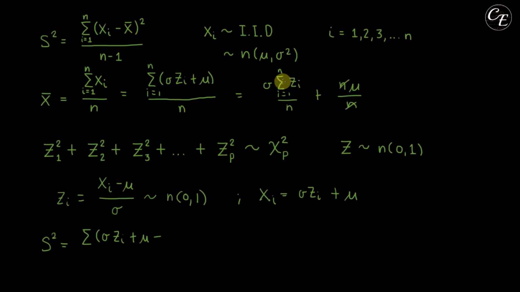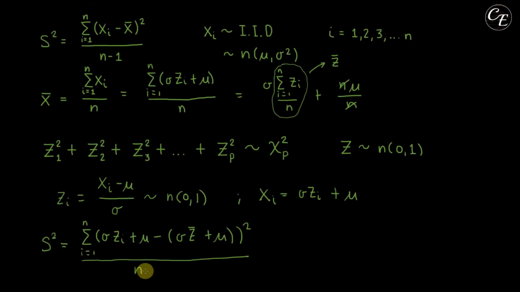We know this one is averaging z sub i's, so we can designate it as the sample mean in terms of z sub i. So we have sigma times z bar, then plus mu, then this is squared, from i equals 1 to n, then over n-1.